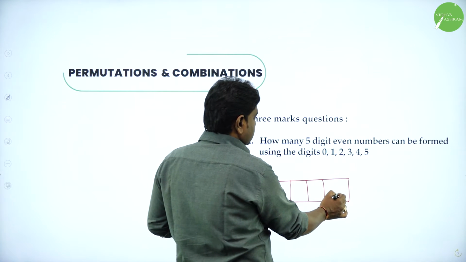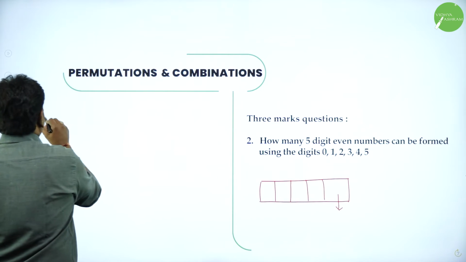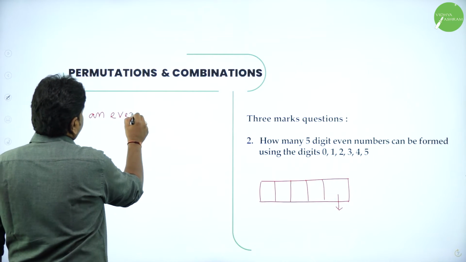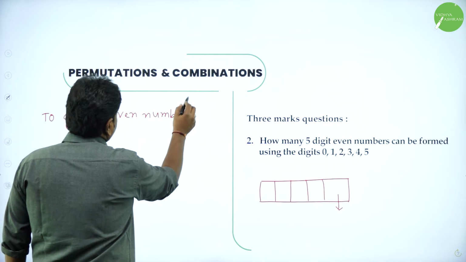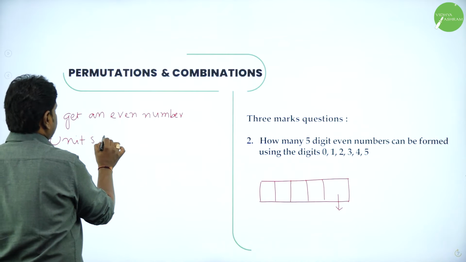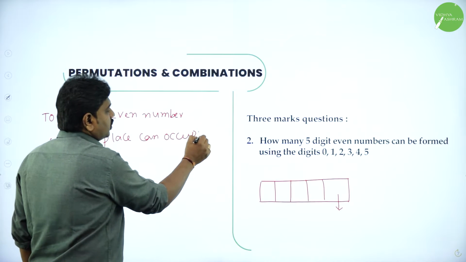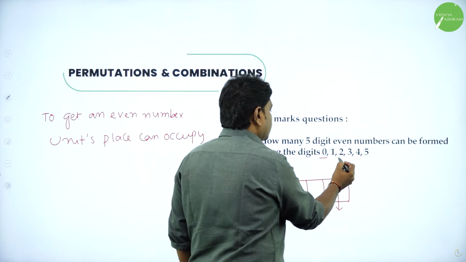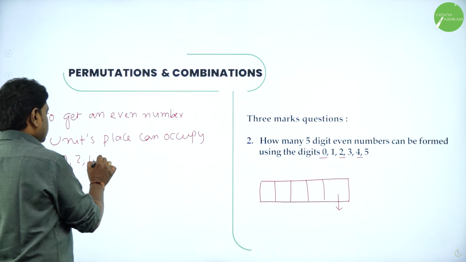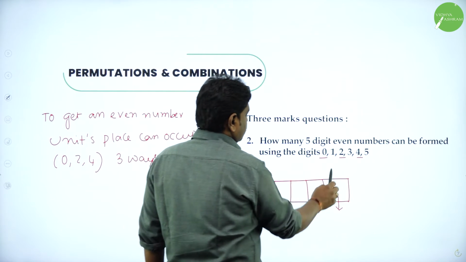So the units place, to get an even number, can be filled out of the given digits with 0, 2, 4. 3 ways. Means you can fill the units place in 3 ways.